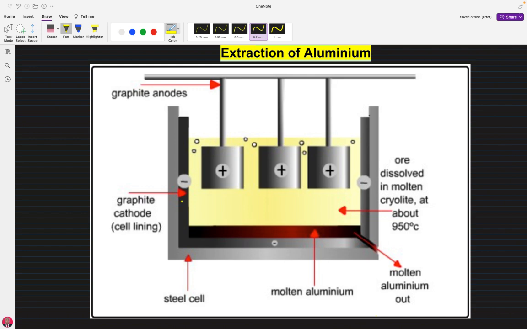Bauxite is first purified and then electrolysed because aluminium oxide is not reduced by carbon monoxide. That is the first point. The second point: the electrolysis process is expensive because of the high cost of electricity.